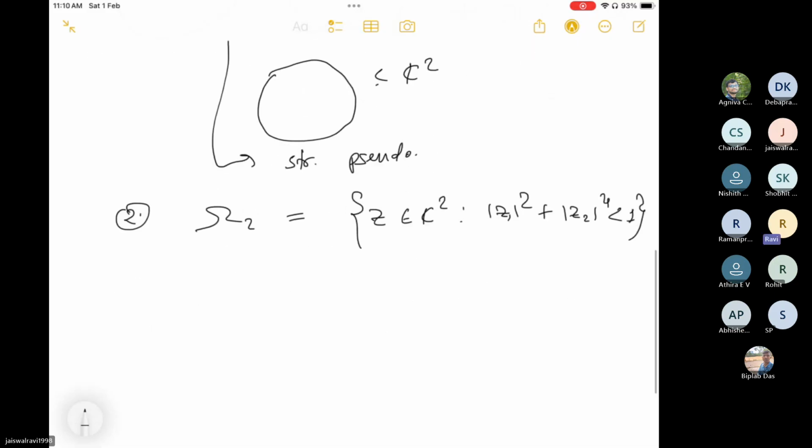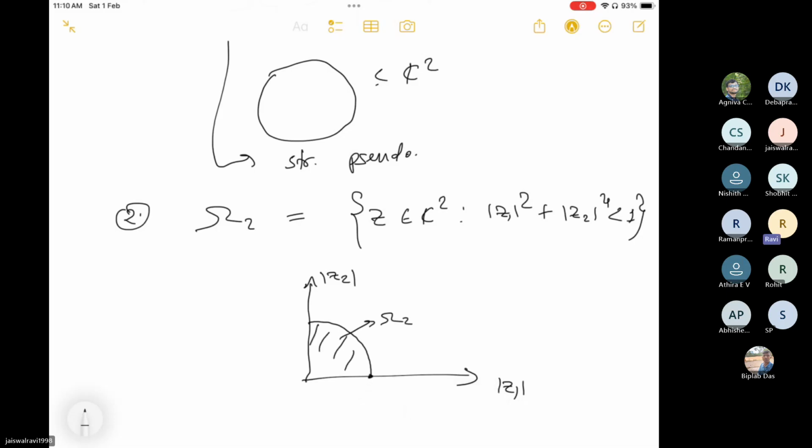If you draw the diagram of this omega 2 in a Reinhardt diagram, so this is mod z1 and this is mod z2, then it is something like this. So this is omega 2.